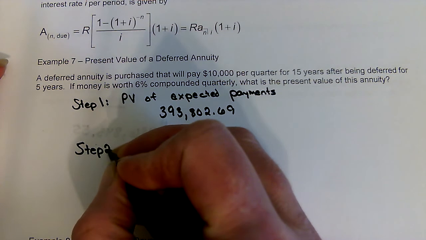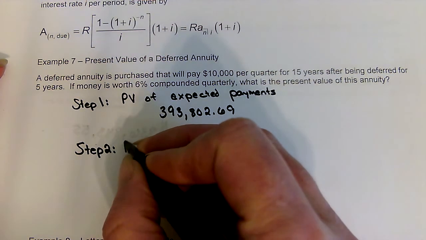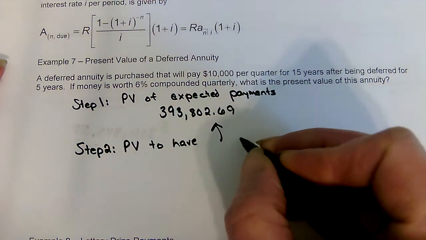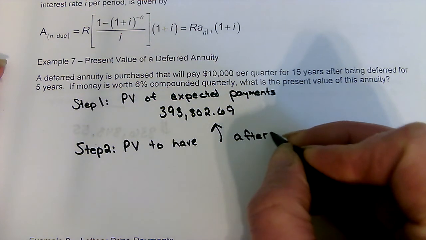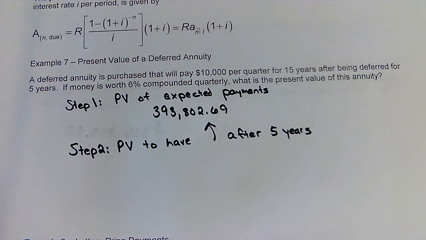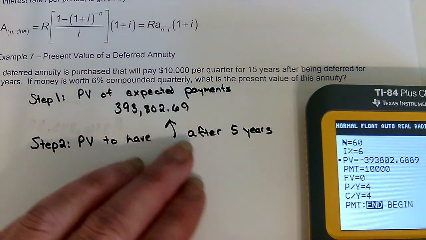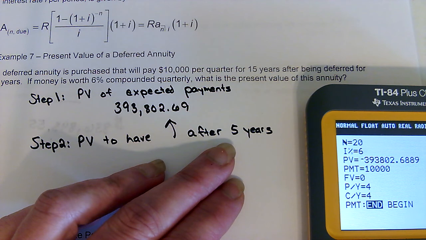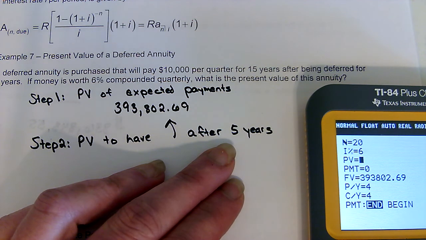So step 2, present value to have that after 5 years, because we're waiting before the payments come out. So this is only going to be for 5 years, paid quarterly, and we're looking for the present value to have a future value of $393,802.69.